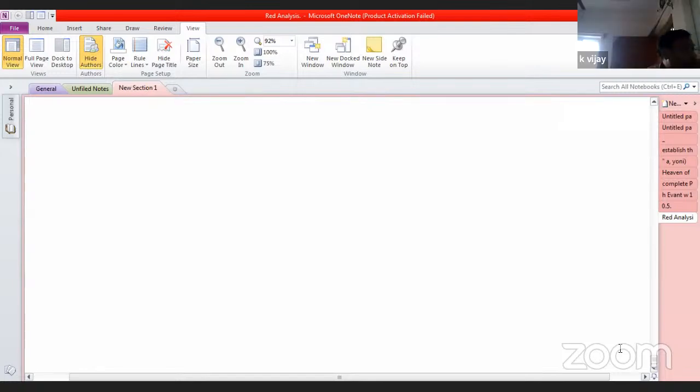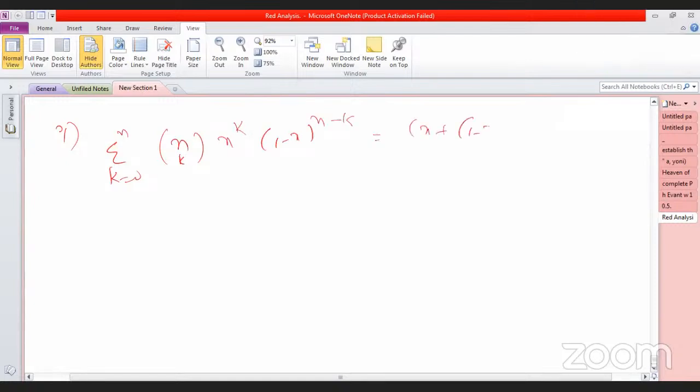Weierstrass approximation theorem, very important. First I'm writing the conditions. Summation of k is equal to 0 to n, nk. Nk means n choose k. Yes, sir. This is the first condition.